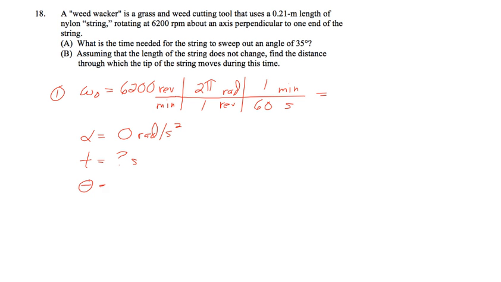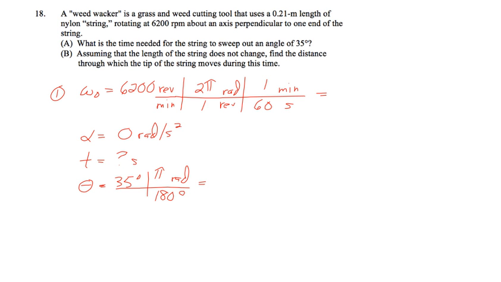What is the time needed to sweep out an angle of 35 degrees? So I'm going to have to convert 35 degrees into radians too. In pi radians, that's 180 degrees. In 2 pi radians, it's 360 degrees. So I have 2 conversions to do, and then once I have those, I'll be able to plug into the formula. If I work out the original angular velocity, what does that come out to be?